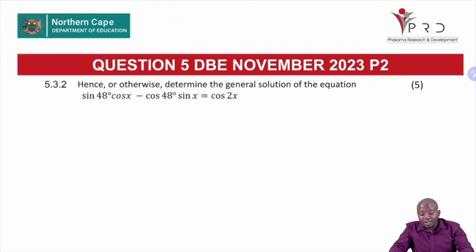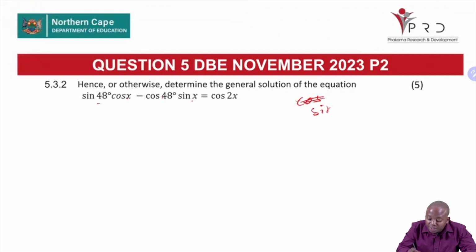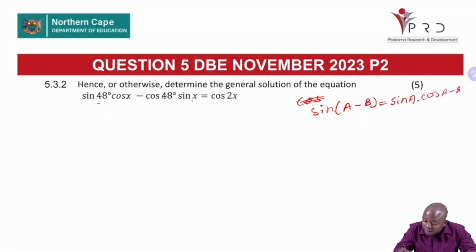Now remember one thing. When we are dealing with the identities, we know that we can say, well, let's just use the sine. When we're saying sine A minus B is equal to sine A cos B minus cos A sine B. Okay, I'm just going to write this again.